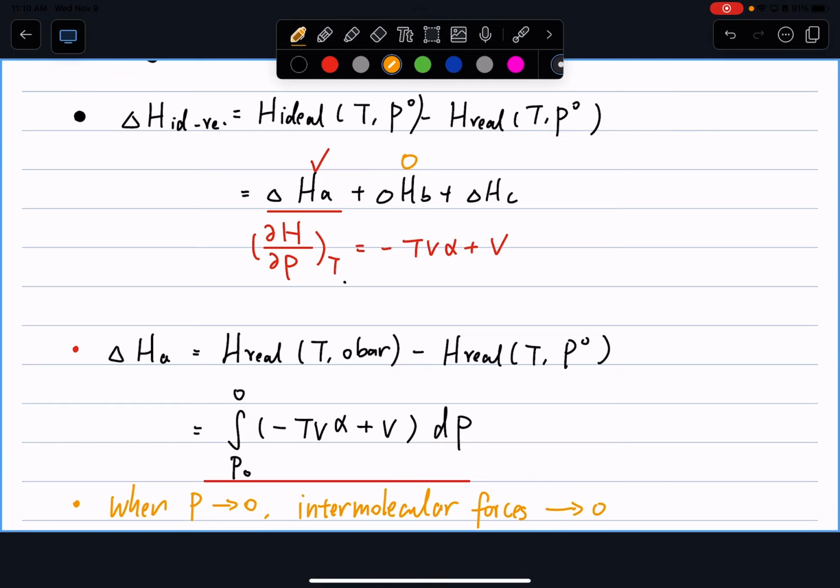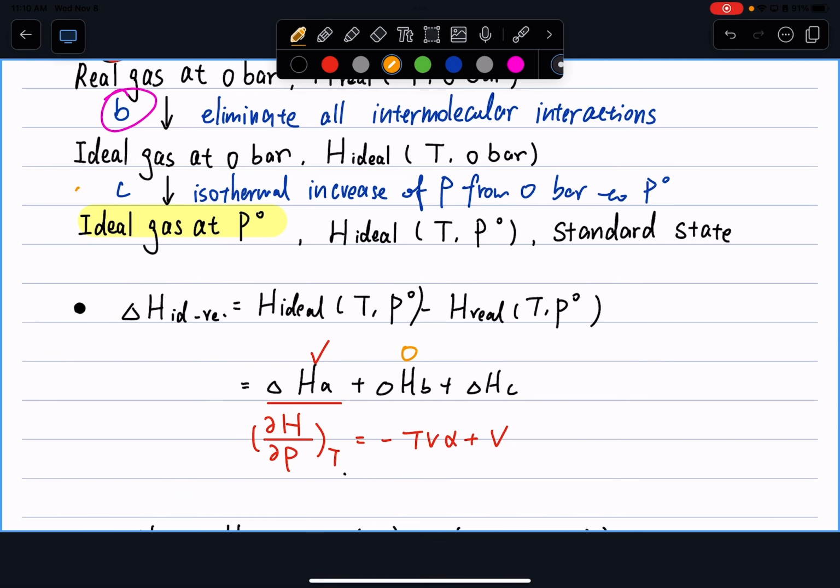And what about the last one? Now we have the ideal gas at 0 bar, and we're trying to increase the pressure isothermally of that ideal gas from 0 bar back to its standard pressure. We spend lots of time talking about ideal gases, and one of the properties we know is that the enthalpy of an ideal gas and also its internal energy only depend on temperature.